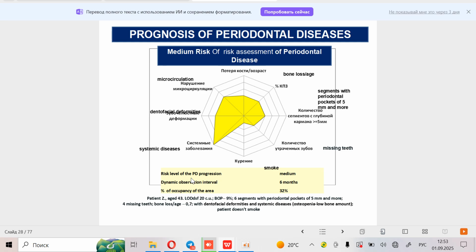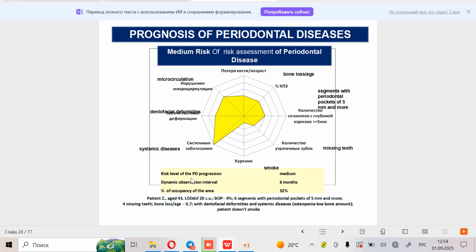The next case, prognosis of periodontal disease, middle risk assessment. Middle risk is determined if 2 parameters are in the middle section, but not more than 1 parameter in the category of high risk. Now you can see the patient, 43 years old, has prognostic criteria such as 6 segments with periodontal pockets of 5 mm and more, 4 missing teeth, bone loss to age ratio of 0.7.